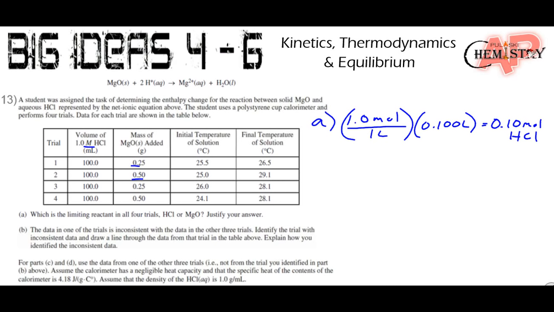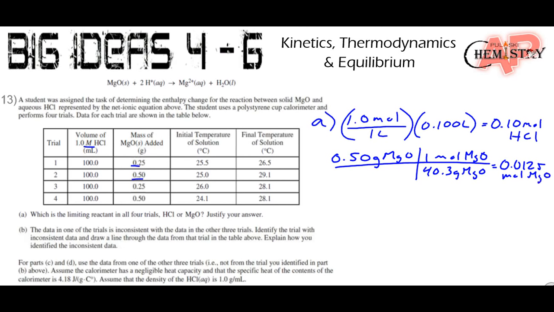And it's saying that it's limiting reactant no matter what. So let's use the one that's the greatest. So I have 0.5 grams of MgO. And that's simple stoichiometry. And I have 0.0125 moles of MgO.